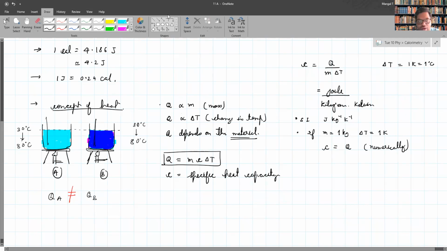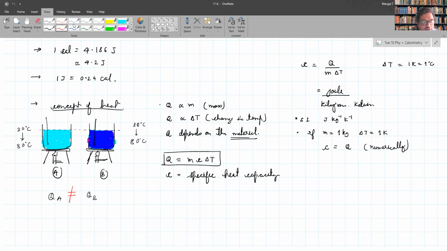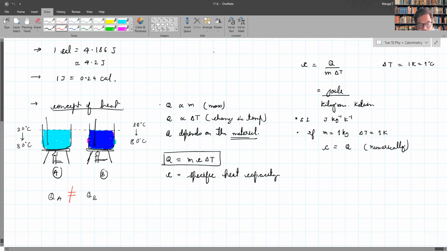Let me just repeat one thing. We had resistance as resistivity times L by A. So we defined resistivity by taking A as 1 unit and L as 1 unit, so rho was equal to R. That's how we defined specific resistance.